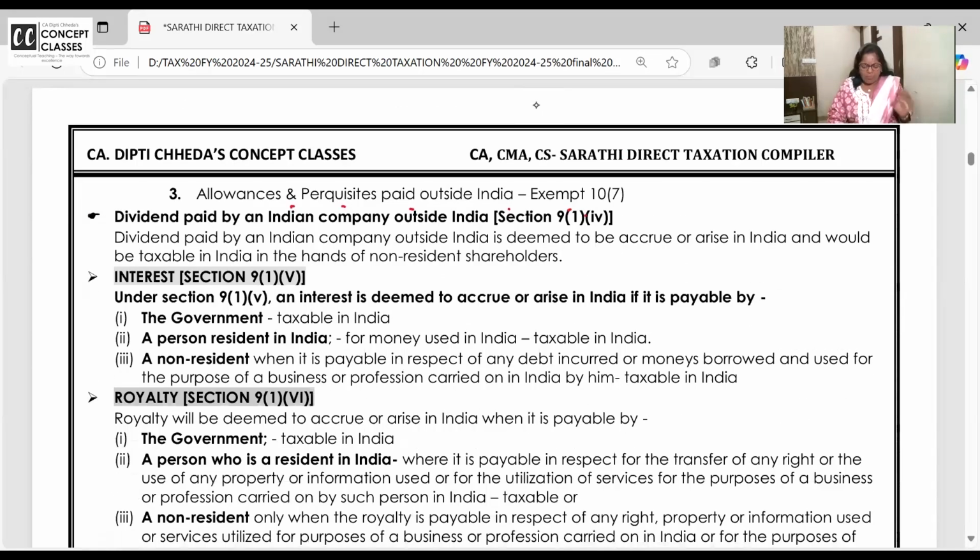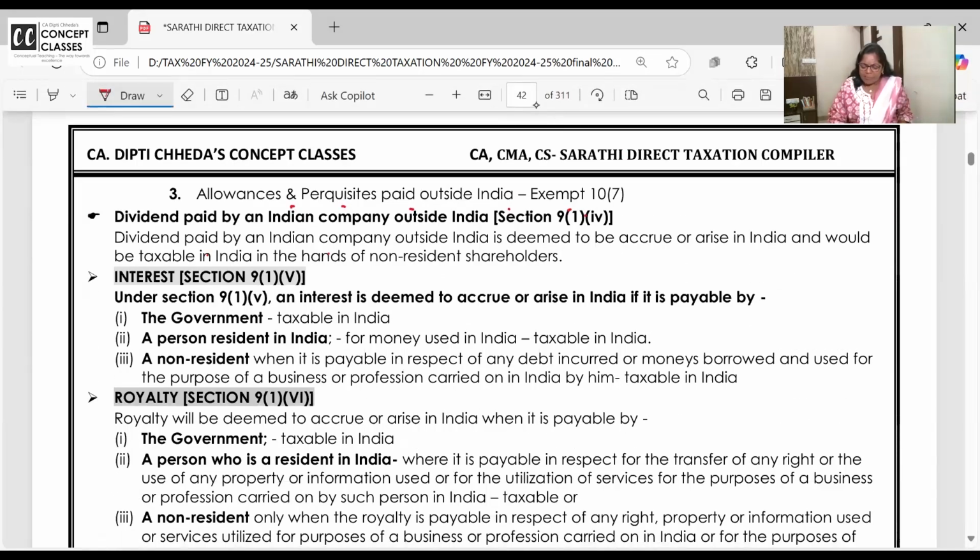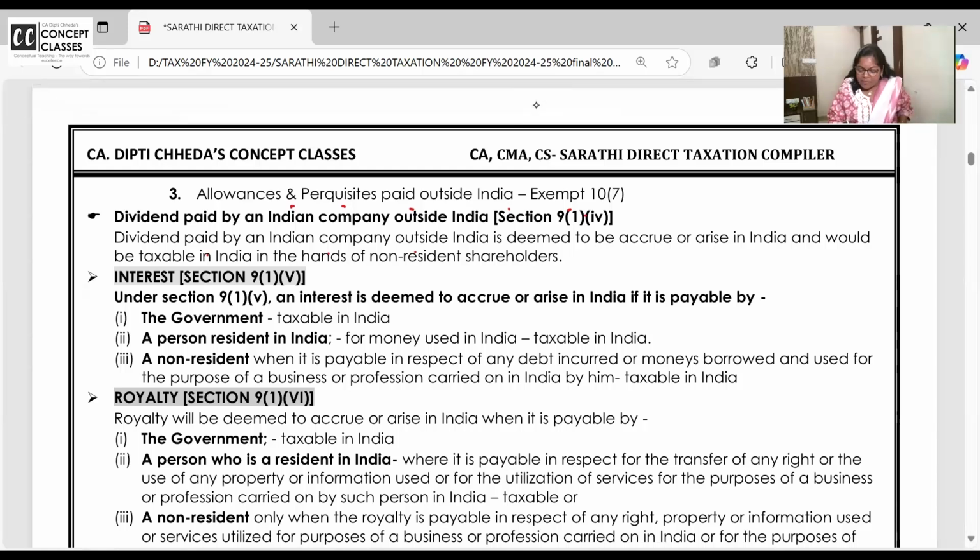Okay? Now, dividend paid by an Indian company outside India is deemed to accrue or arise in India, deemed to be received income from an Indian company. If you are receiving the dividend abroad, still it will be taxable in India. Even if you are an NRI receiving the dividend, say in the USA, from an Indian company, it will still accrue in India and is very well taxable in India.